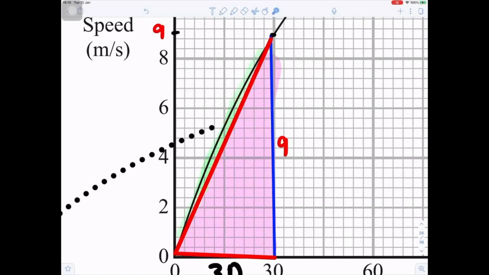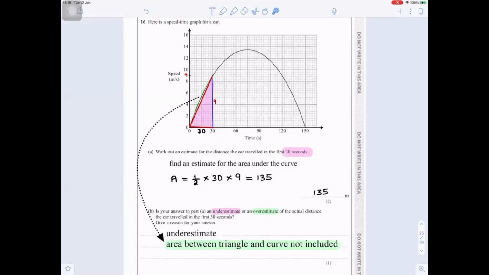We missed this part in green. So we are below, we are not above, because we didn't use that green part. The word we would use for that is underestimate, because the area between the triangle and the curve is not included. That little green area is not included. So it's an underestimate.